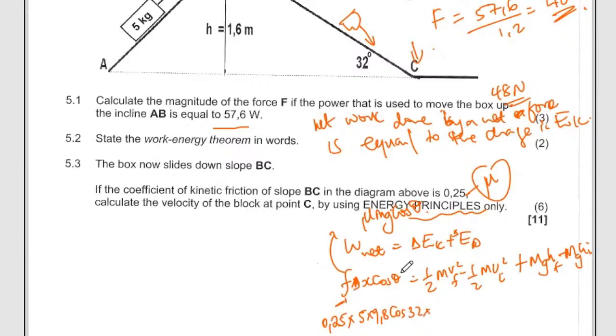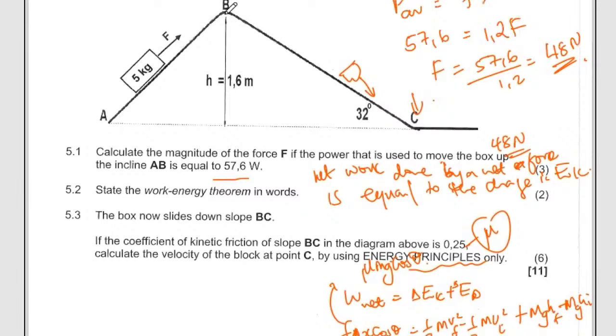Now the displacement, I do not know it, but I can get it. How? Since I know this is my h and this is my 32 degrees, I can use the sine. The sine of 32 is equal to the opposite, which is 1.6, over the hypotenuse, which is BC.